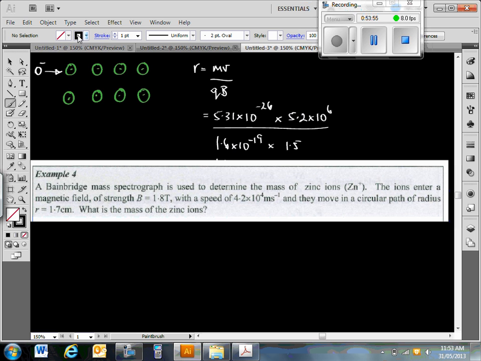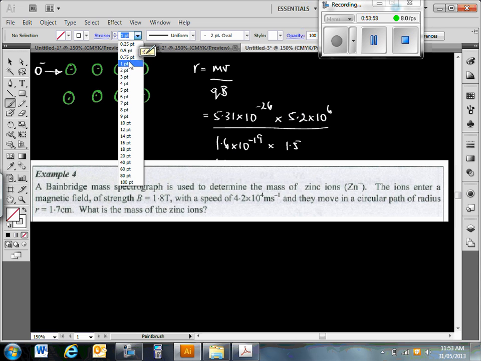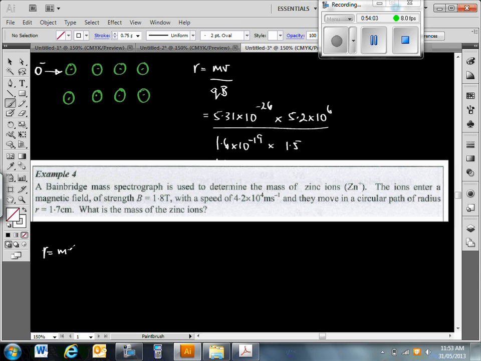R equals mv over qb. Q for Zn with a little positive means it's lost an electron, so equal to 1.6 by 10 to the minus 19 coulombs.